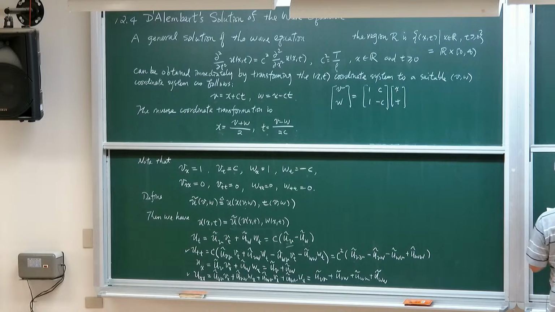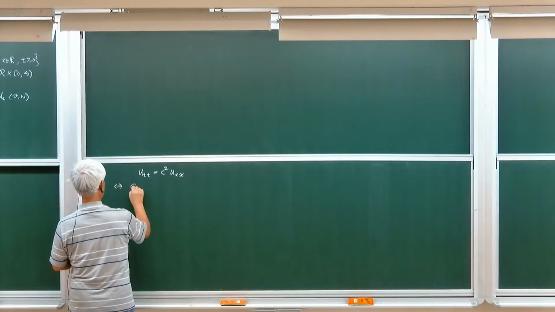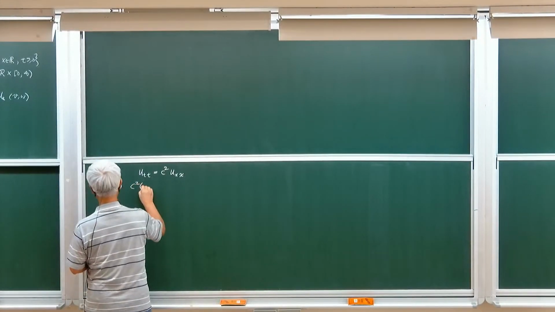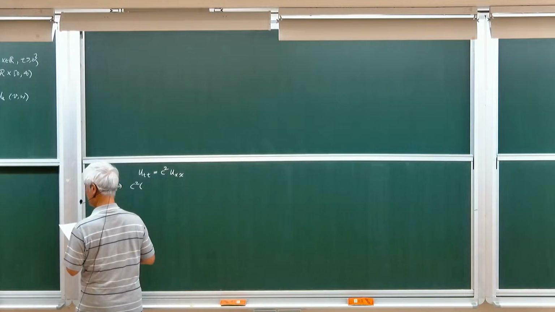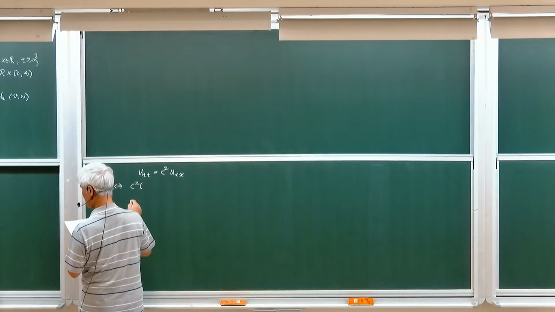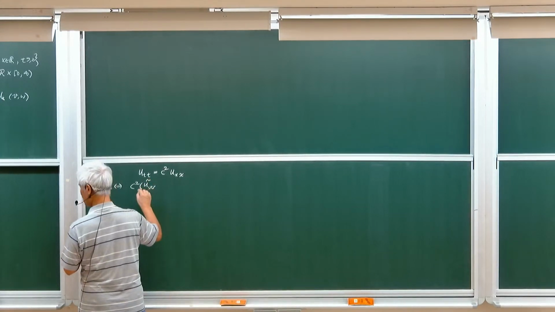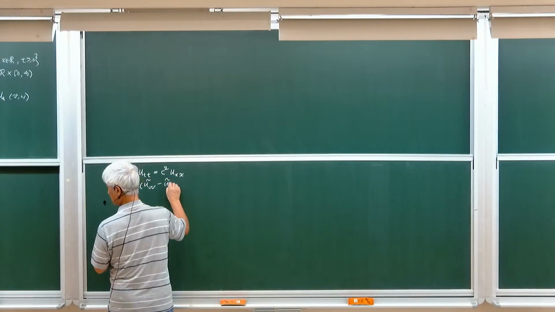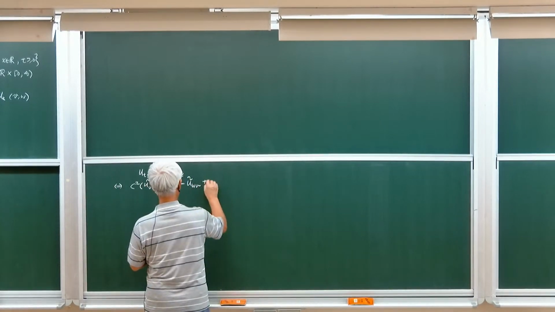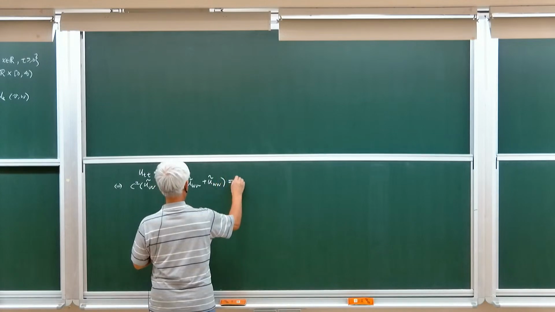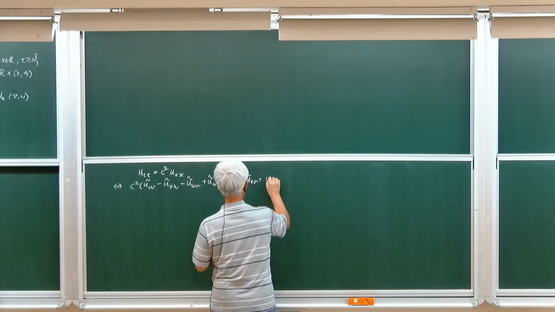Okay, and utt is c square of u tilde VV minus 2 u tilde VW plus u tilde WW, equal to c square times u tilde VV plus 2 u tilde VW plus u tilde WW.